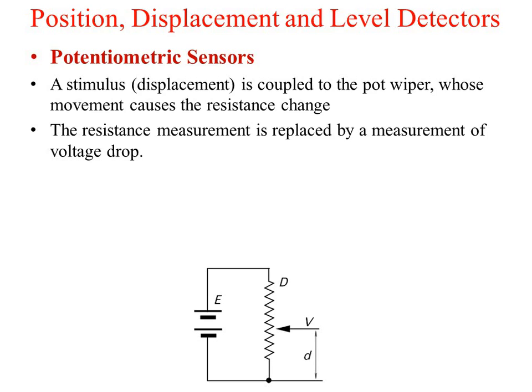Here the circuit diagram is shown. This is the potentiometer having maximum displacement D. This is the maximum displacement D, and here it is the displacement with respect to this ground.